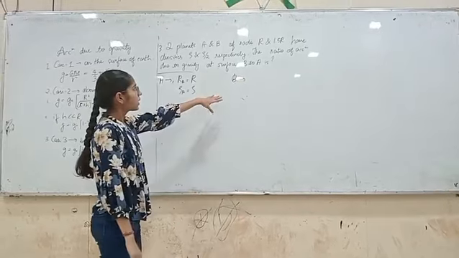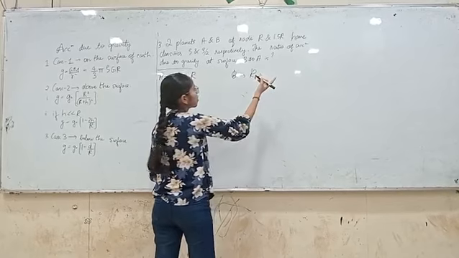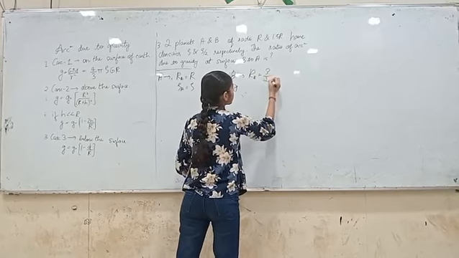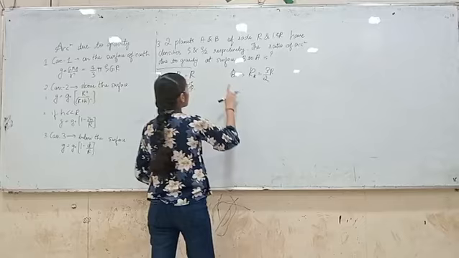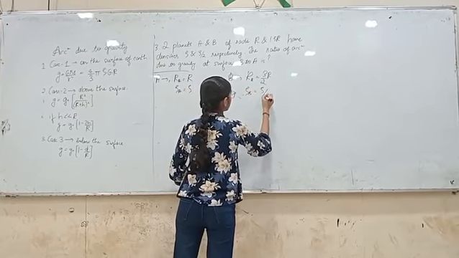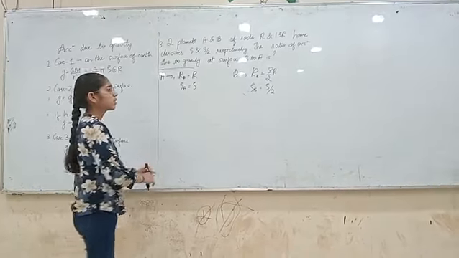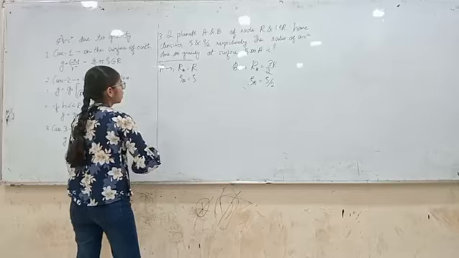For the body B, they have given radius as 1.5 R, which we can also write as 3 by 2 R, and the density is given as rho by 2. Now we need to find the ratio of acceleration with respect to B to A.